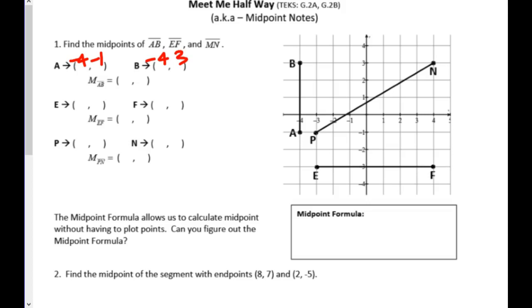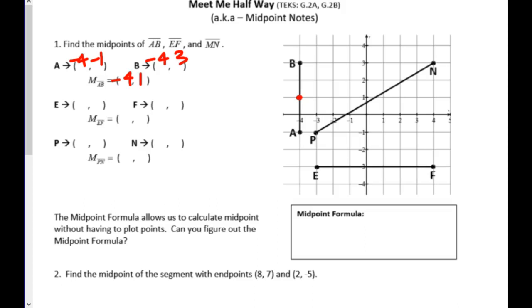Now, on this one, it's simple enough to be able to count where the midpoint is, right? So, halfway between A and B, if I just count, that's 4 units. So I count up 2 units, which is half. There's my midpoint. What are the coordinates of that midpoint? Okay, -4, 1. Cool.